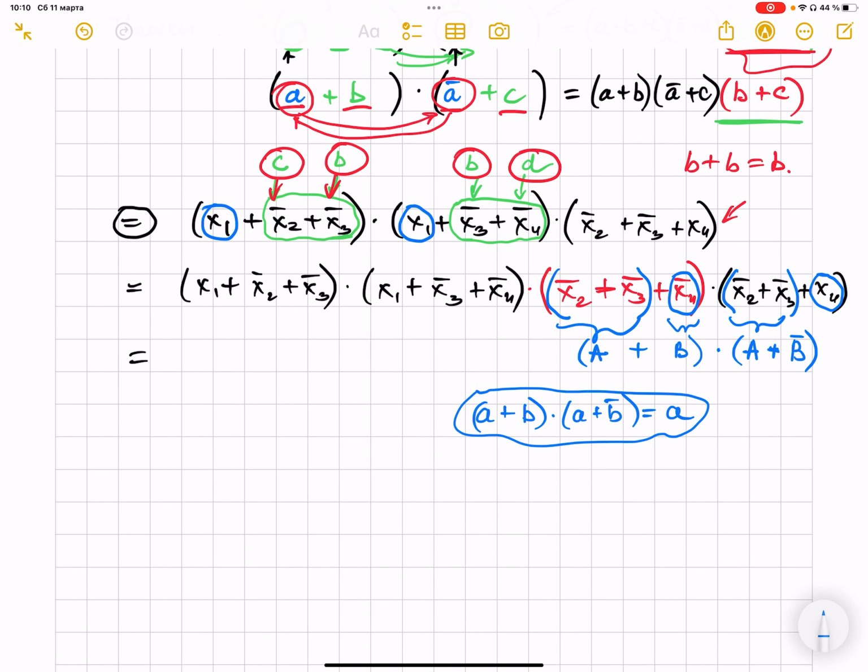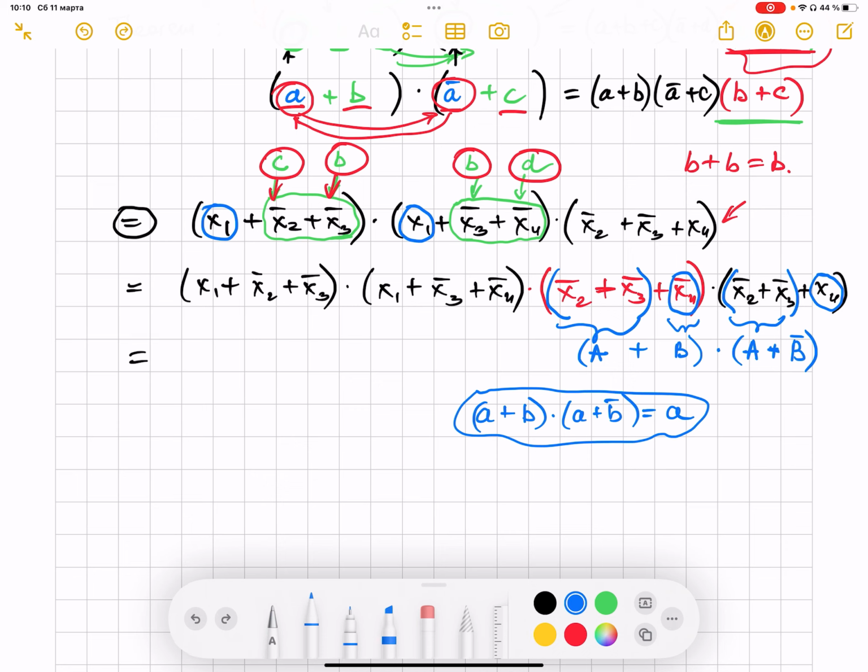What does it mean? Overall, the multiplication of these two expressions is going to be just a, and this is going to be x2 bar plus x3 bar, right?